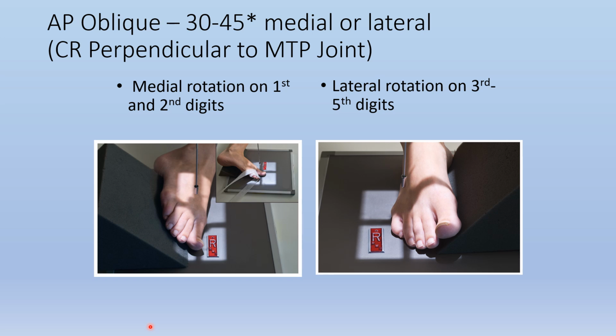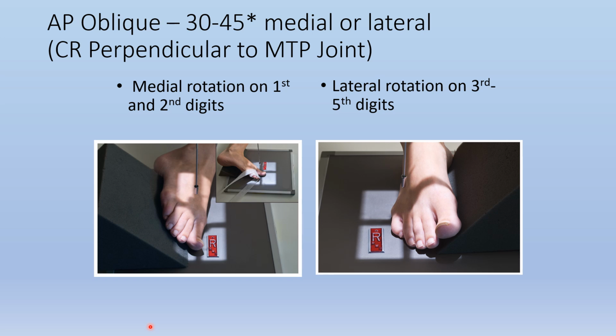So 30 to 45 degree medial or lateral oblique. When we look in the book on page 229, I would tell you that the first and second digit would be medial rotation, and third, fourth, and fifth would be lateral rotation.